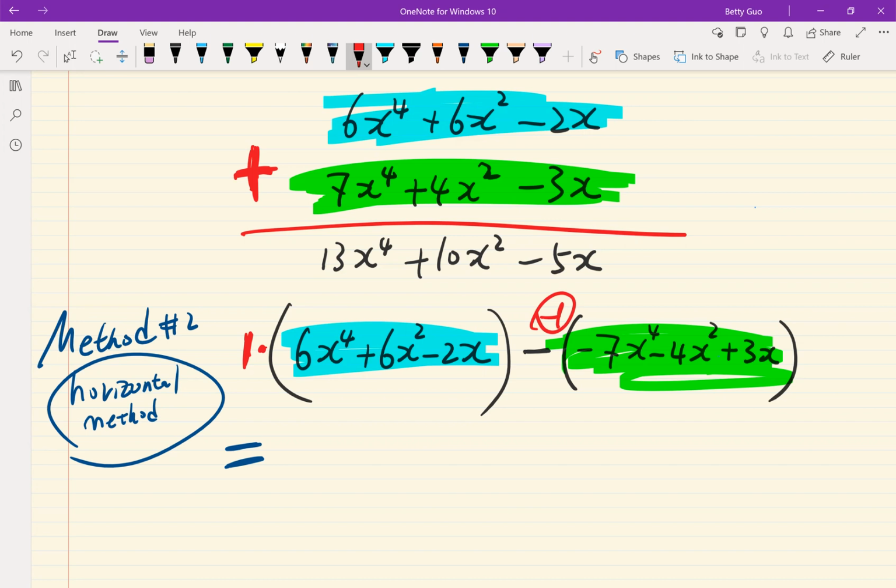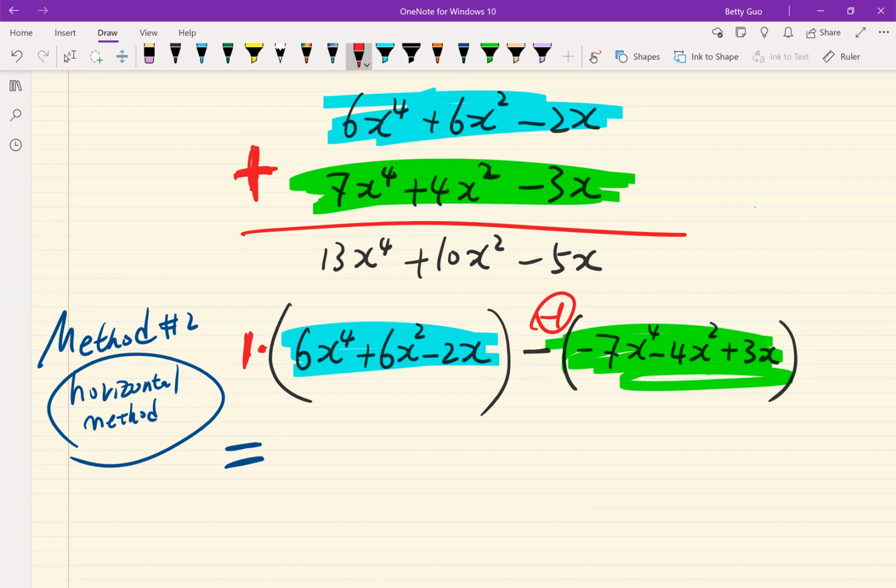Tell me what's the coefficient of the second parenthesis? Negative 1, right? It has a negative sign in front of it. I think we had this covered in chapter 1. If you don't remember, I'm going to repeat it here. If the coefficient of the parenthesis is negative 1, when you distribute, when you remove the parentheses, all the terms in the parentheses are going to become their opposite.